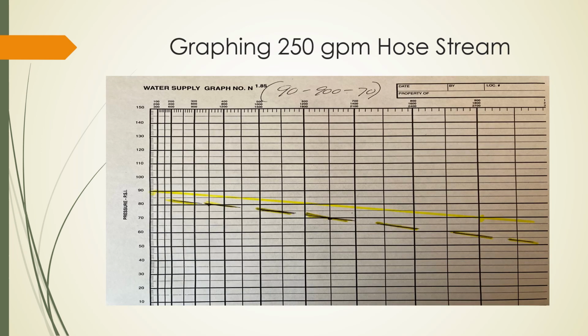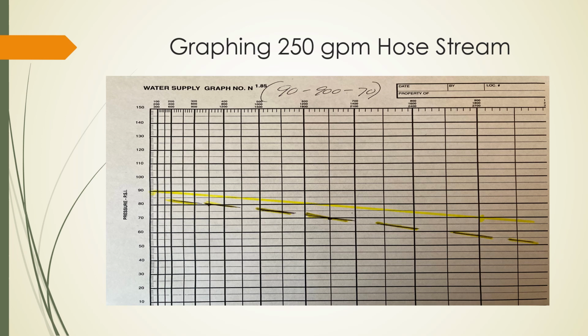So what we have is a graph of a water supply, and you can see up top it says 90-900-70, and what that means, of course, is that our static, our no flow, is 90 psi, and our flow at 70 psi is 900. And you can see below the yellow line depicts that 900 at 70 water supply.